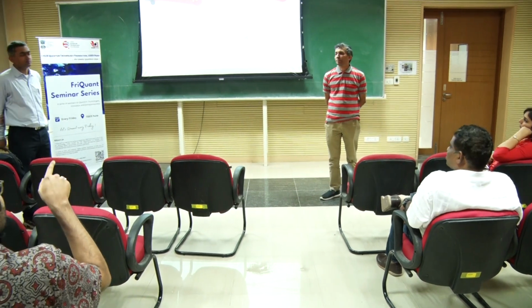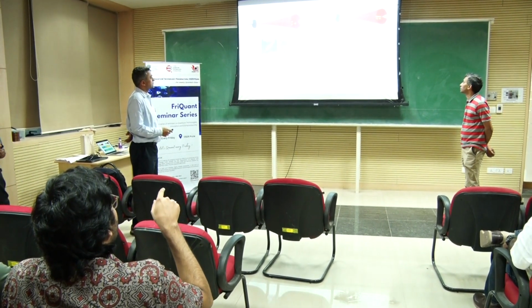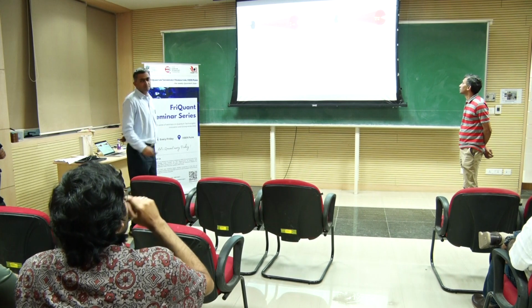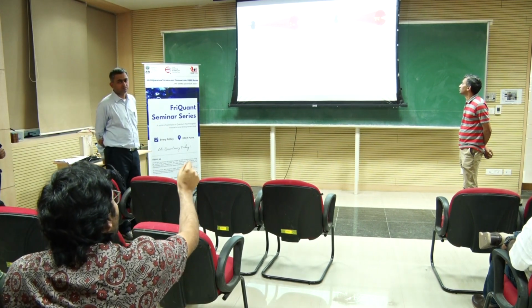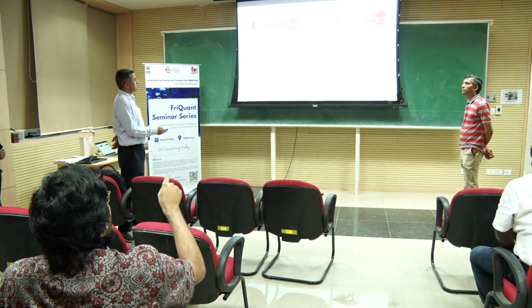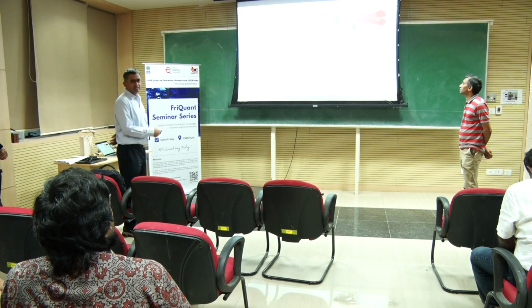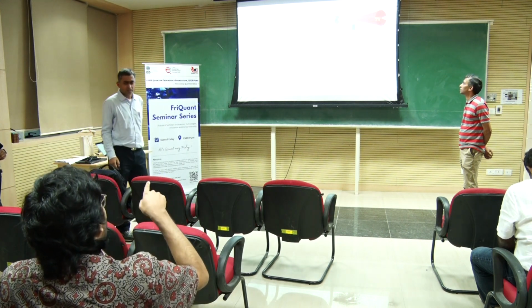Can you go back to the revival slide? This graph? Yes. So here, at what value of Z are you putting the turbulence? Turbulence, we're putting at about 15 centimeters.